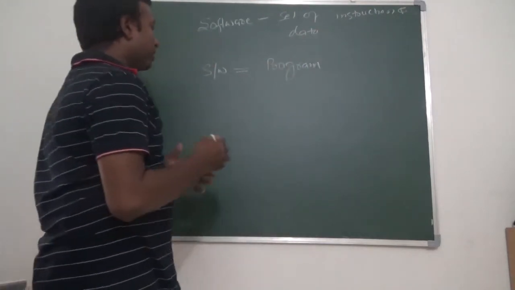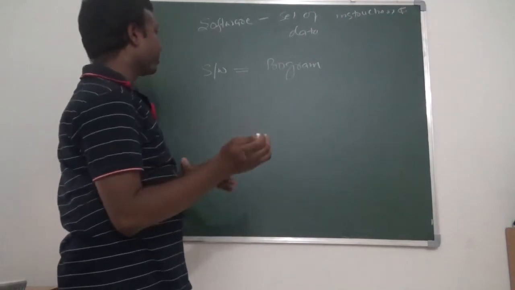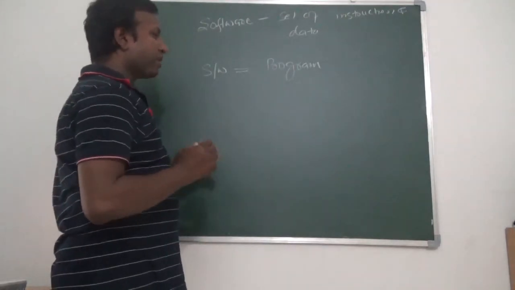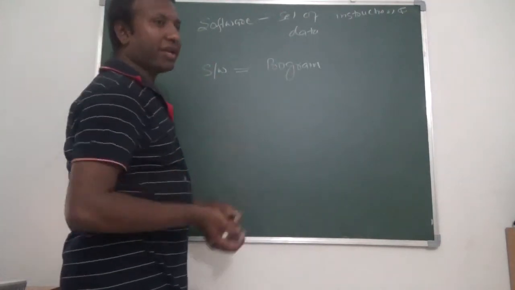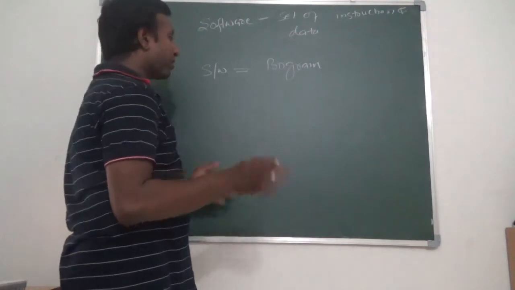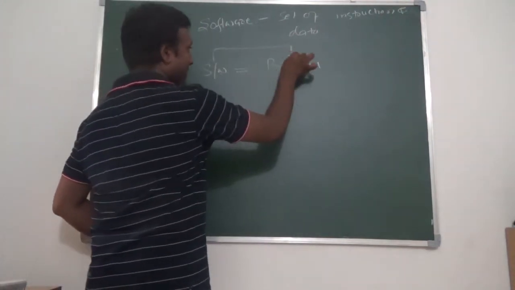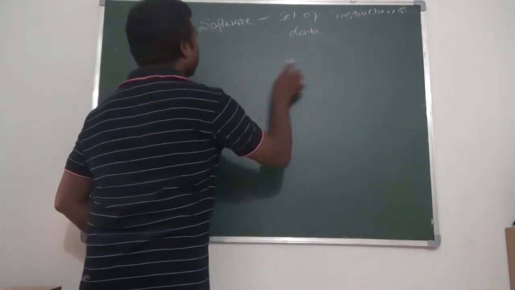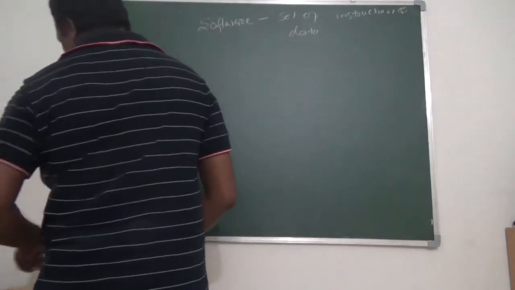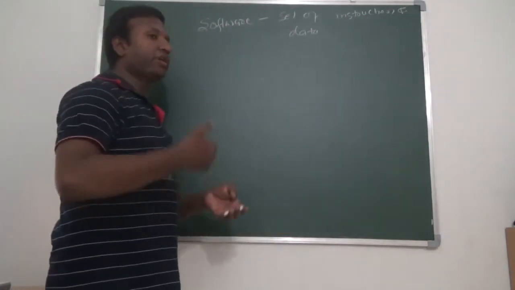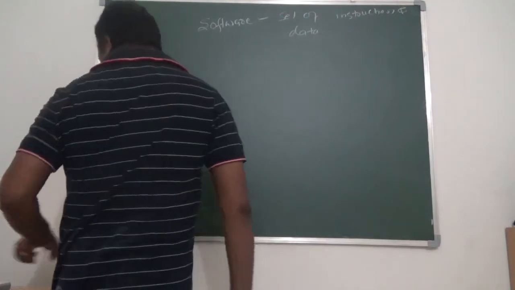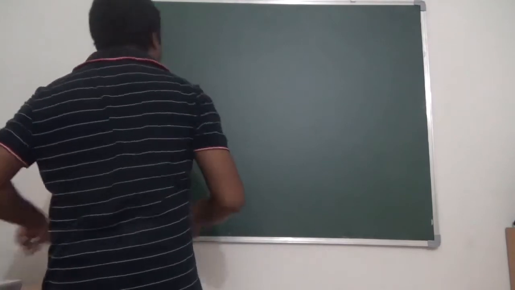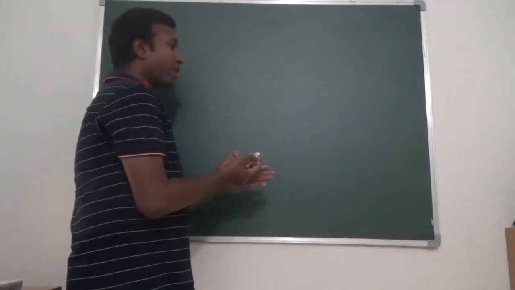But normally there is a practical difference between a program and software. Normally software is a very large program. Normally a program is considered a small-size thing. That's okay, but practically software and programs are almost the same. So software is nothing but a set of instructions, and those instructions should be executed by the CPU, right? So what is software, and why is this software required?